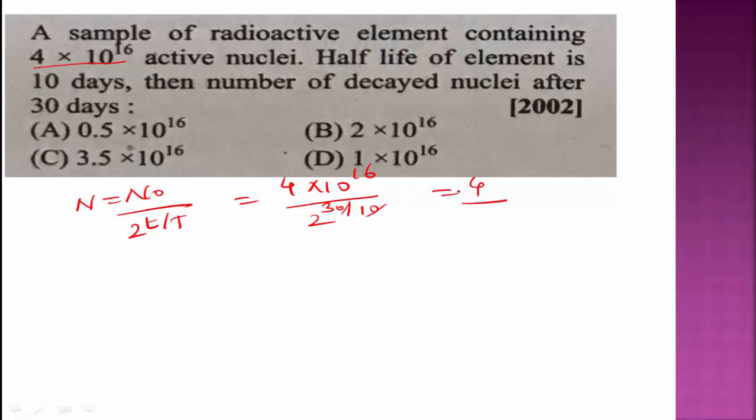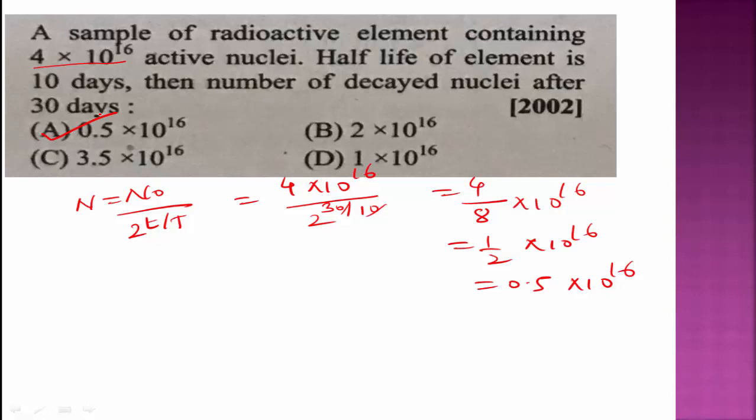Here this is 3 by 1, so 4 divided by 8 × 10^16. 4 by 8 is 1 by 2, and 1 by 2 is 0.5, so 0.5 × 10^16.